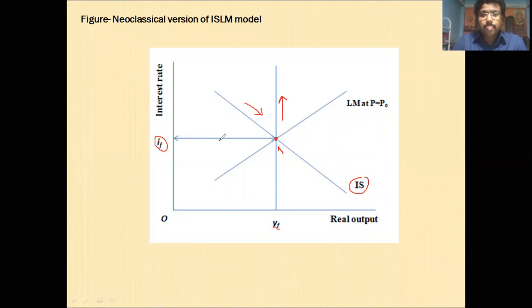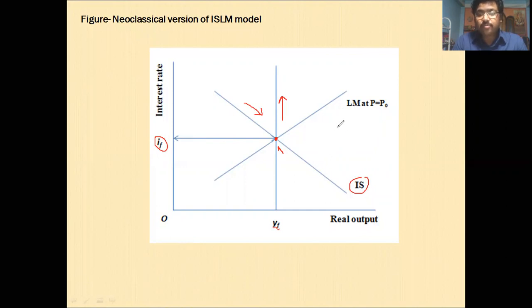So now the LM curve. Here the nominal money supply at the price level P0 is the real money supply, which is equal to the demand for money.